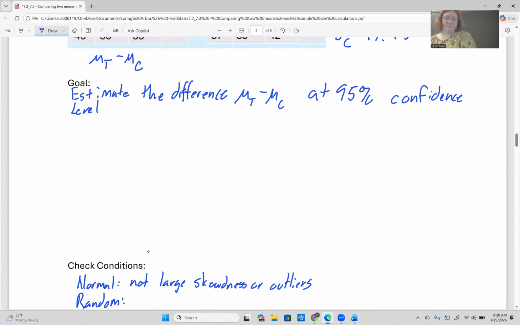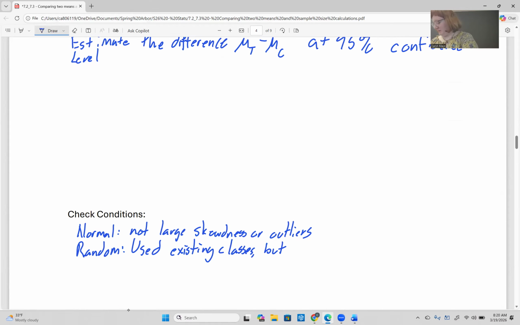Used existing classes, but those classes had been randomized as much as possible in that real world setting of using existing classes. And then independent, there's not students overlapping.